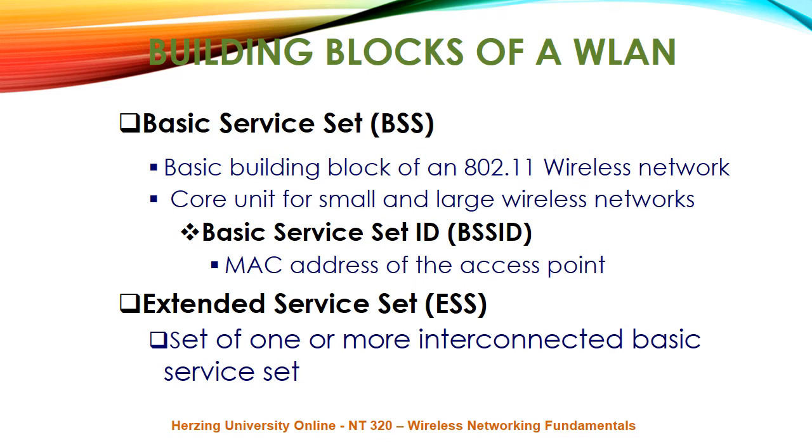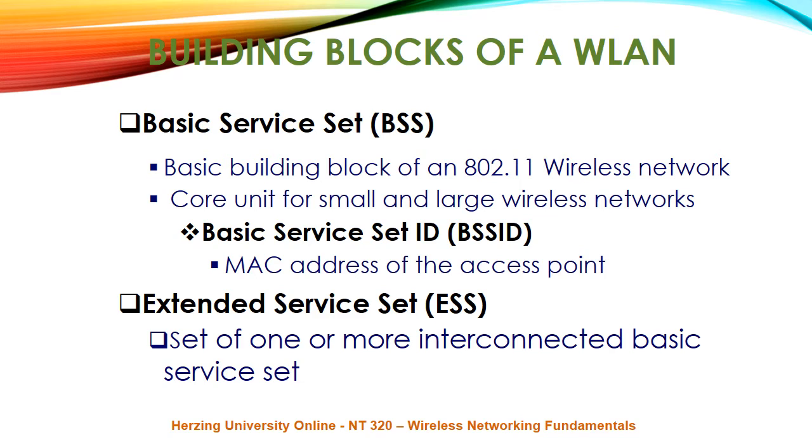When we work with stations, a station exists within a coverage area that is either provided by an access point, that is, an infrastructure, or it is the area in which stations can participate in what's called an independent basic service set.